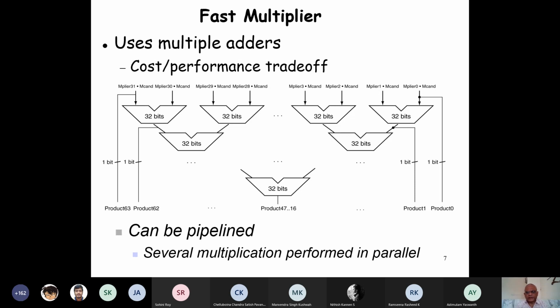For the first least significant bit, depending on whether the least significant bit of the multiplier is 0 or 1, we have just taken out either the least significant bit of the multiplicand or 0. Similarly for the second least significant bit of the product, and the most significant bit of the product, and so on. So based on that simple observation, we have got it.